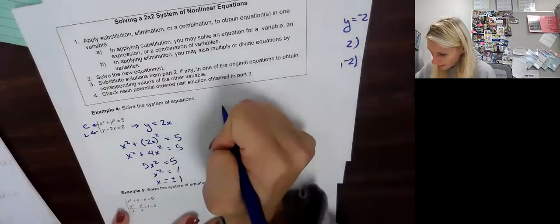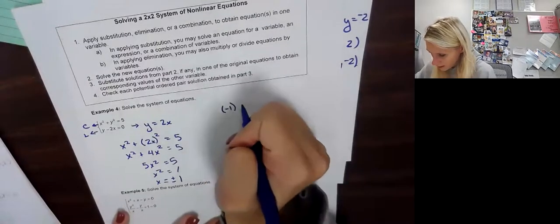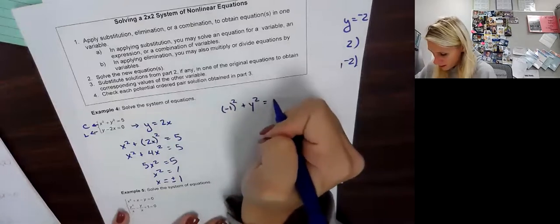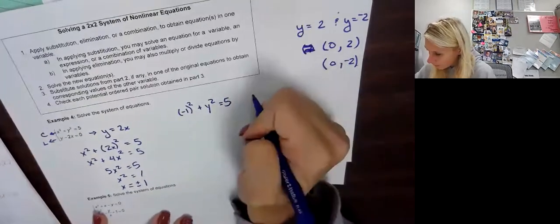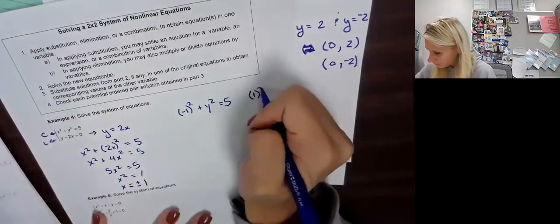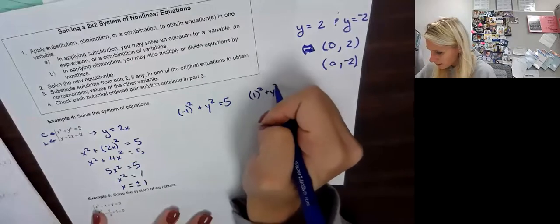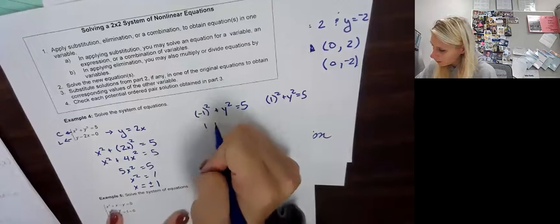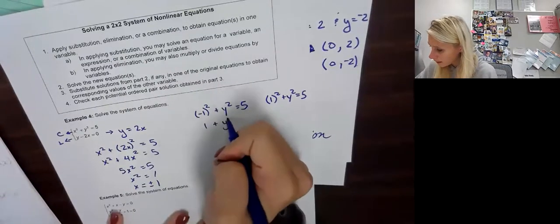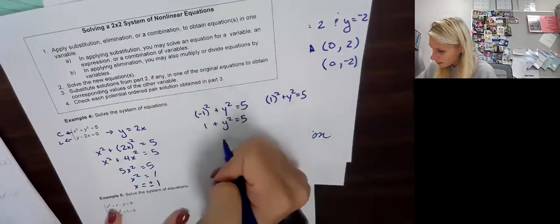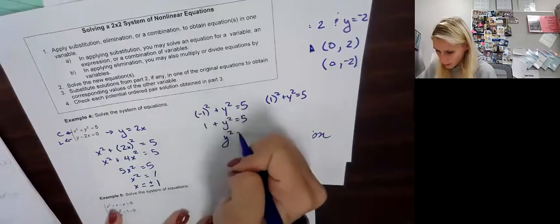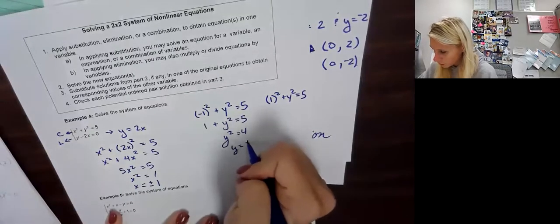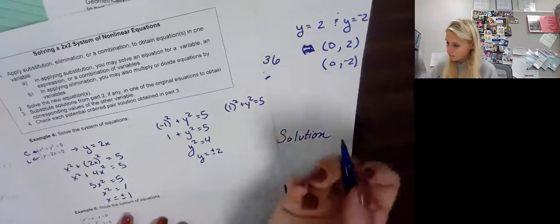So let's plug in negative 1 here. Okay, we'll plug in 1 on this side. So we get 1 plus y squared equals 5. y squared equals 4. So y equals plus or minus 2.